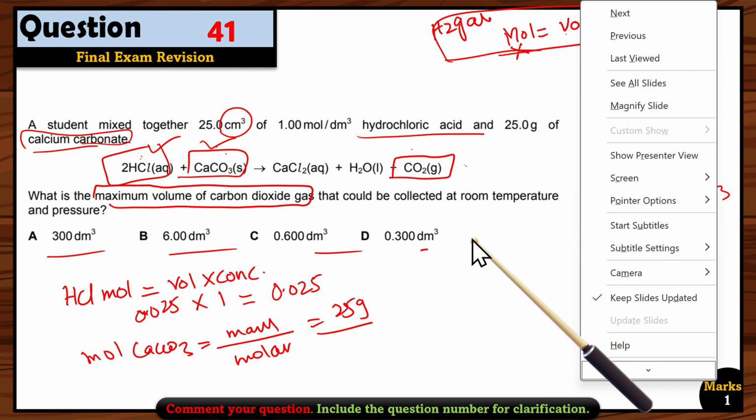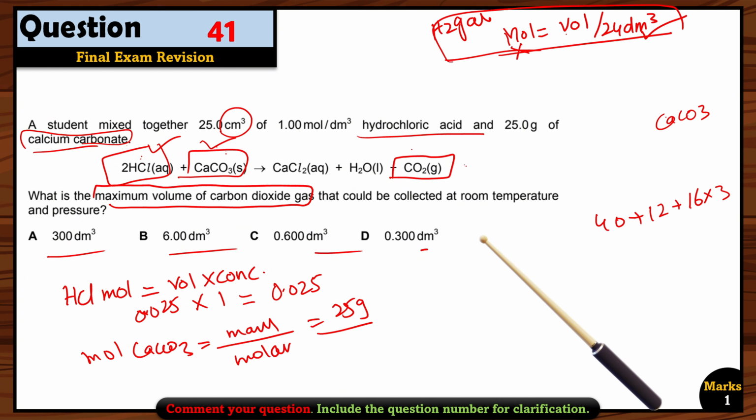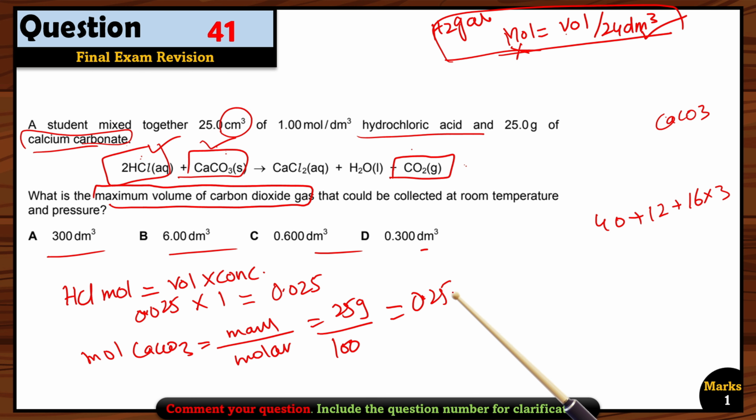Wait a minute. Okay, 40 plus 12 plus 16 times 3 is equal to 100. So now the calcium carbonate molar mass is 100. So how much will we get? We will get 0.25 moles.